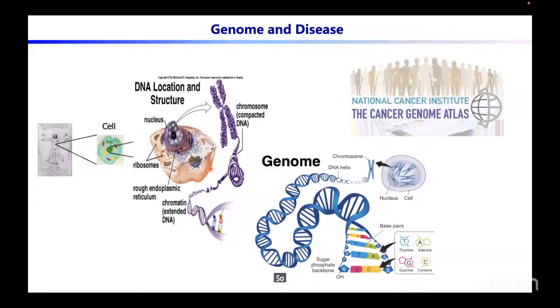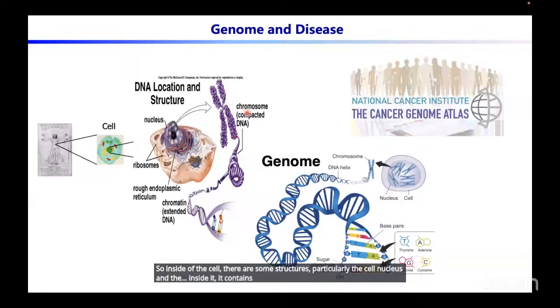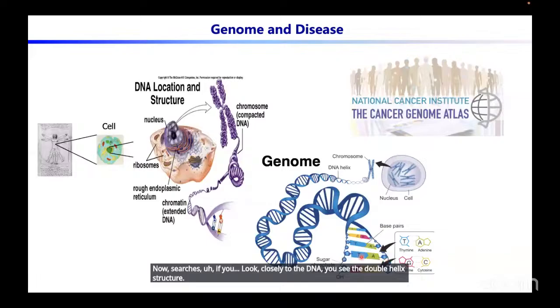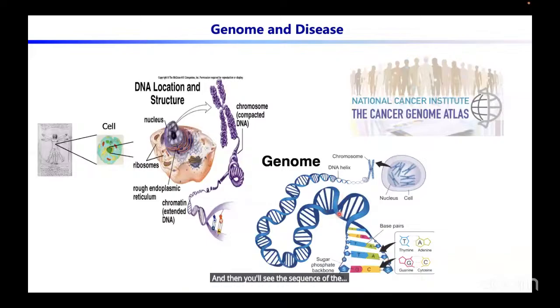So inside the cell, there are some structures, particularly the cell nucleus, and inside it contains this very important system called chromosome. So chromosome is composed of DNA and chromatin proteins wound into this kind of structures. If you look closely at the DNA, you see the double helix structure, and then you see the sequence of the DNA.